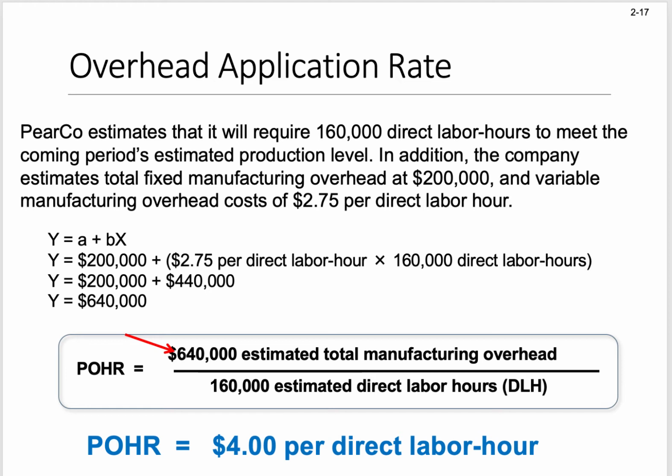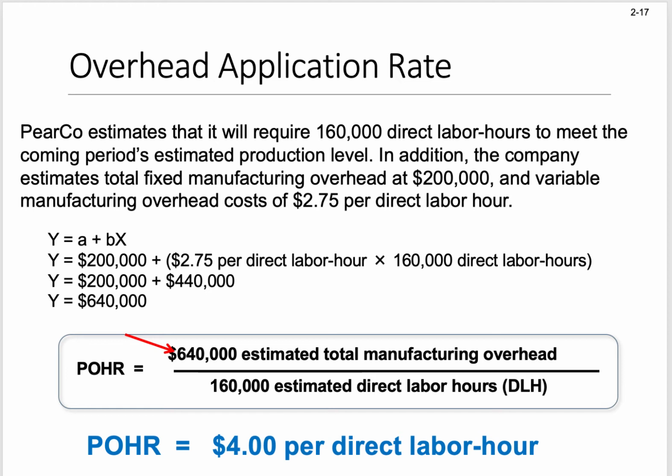They estimate that it will require 160,000 direct labor hours to meet the coming period's estimated production level. In addition, the company estimates total fixed manufacturing overhead at $200,000 and variable manufacturing overhead costs of $2.75 per direct labor hour.